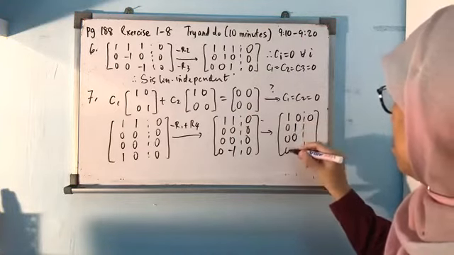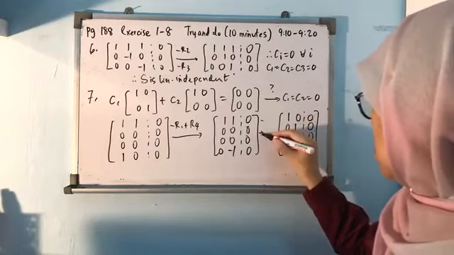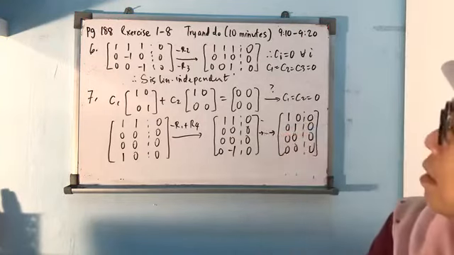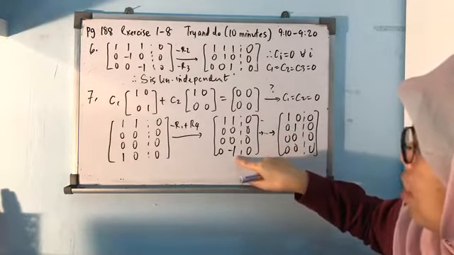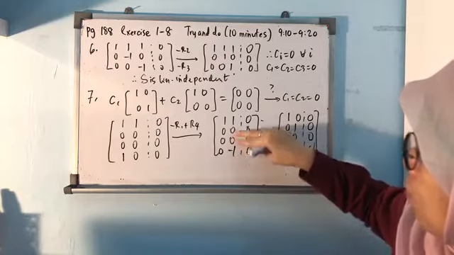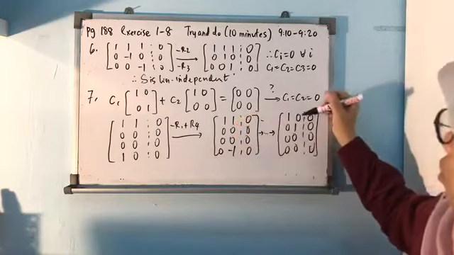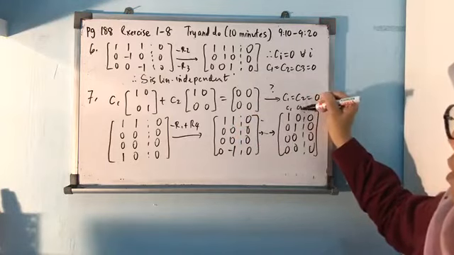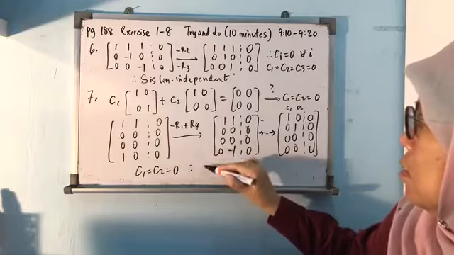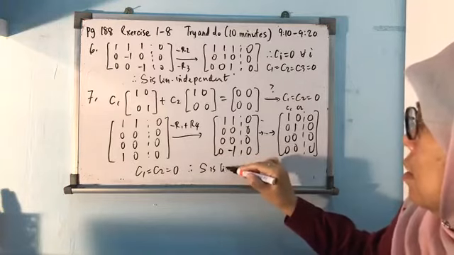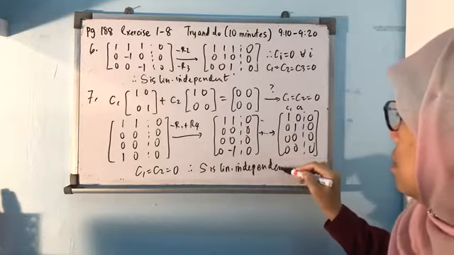First, you multiply by -1, then you flip, and then you make this 0. So you get this. So C1 equals C2 equals 0. So S is linearly independent.